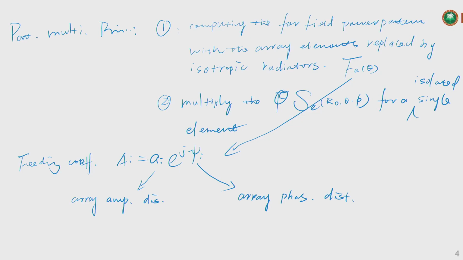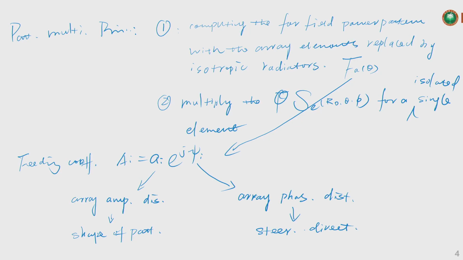The amplitude distribution serves to control the shape of the pattern, all right? And the phase distribution is used for what? You remember? Steer the direction, right?